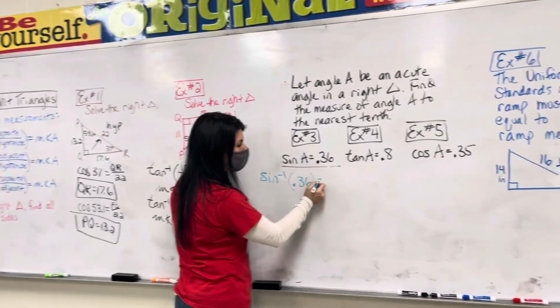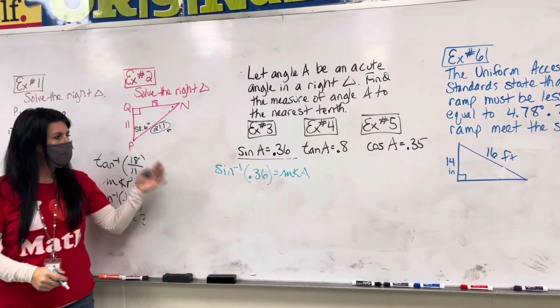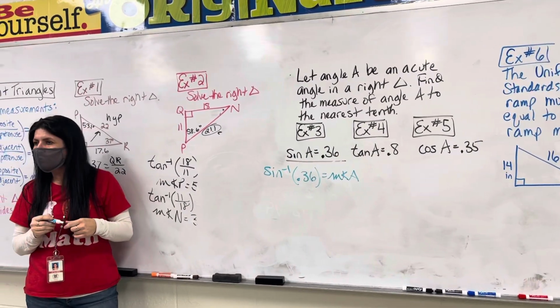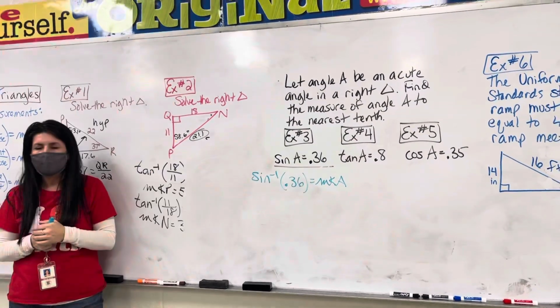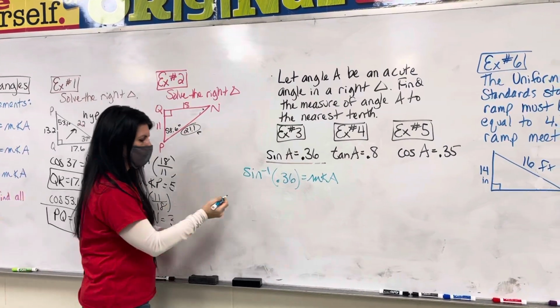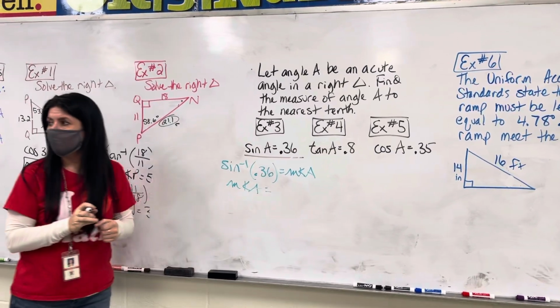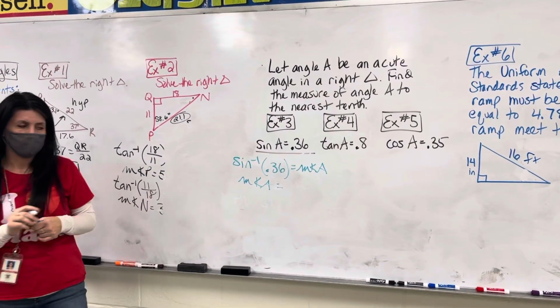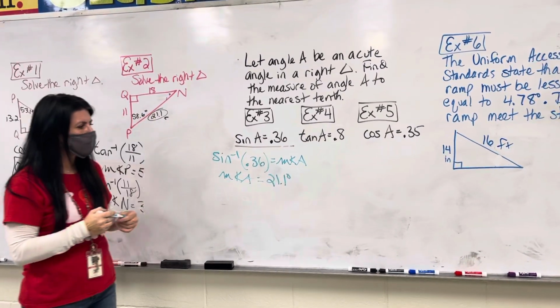The result of this will give me the measurement of angle A. Very similar to what we set up with examples 1 and 2. So on your calculator, inverse sine of 0.36, what's the measurement of angle A? 21.1 degrees, and we're going to round to the nearest tenth.